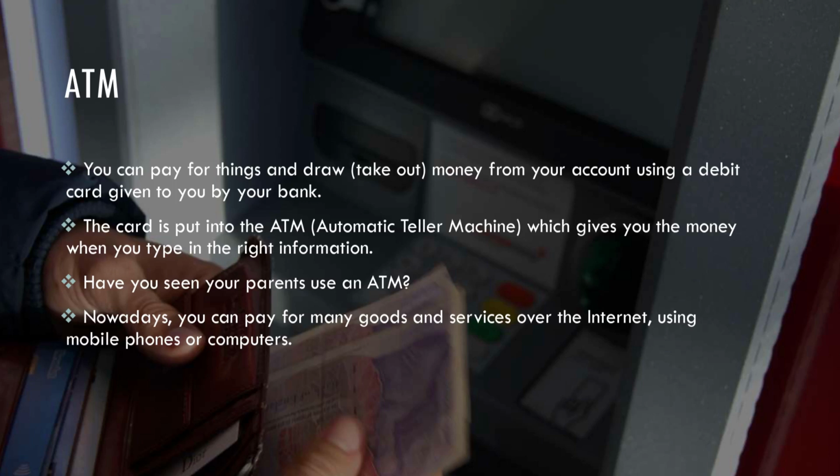A for automatic, T for teller, and M for machine, which gives you the money when you type in the right information. Have you seen your parents use an ATM? Definitely. Nowadays, you can pay for many goods and services over the internet using mobile phones or computers.